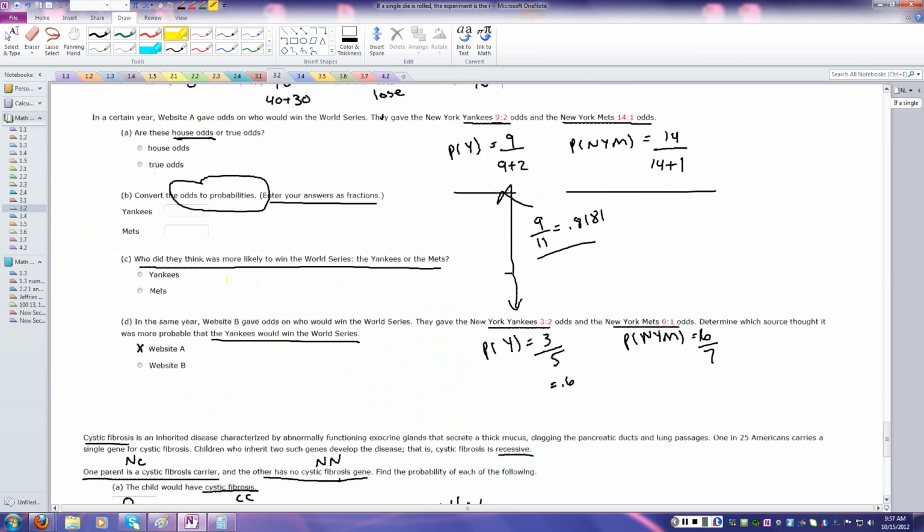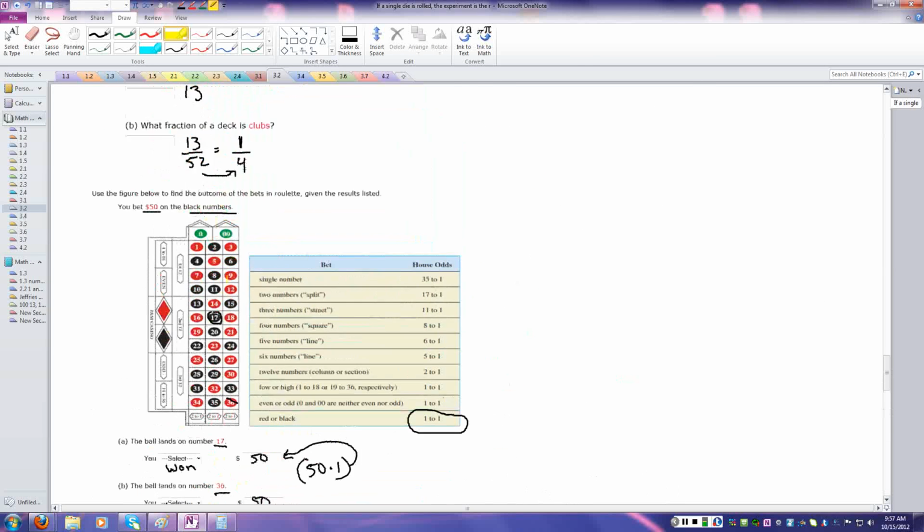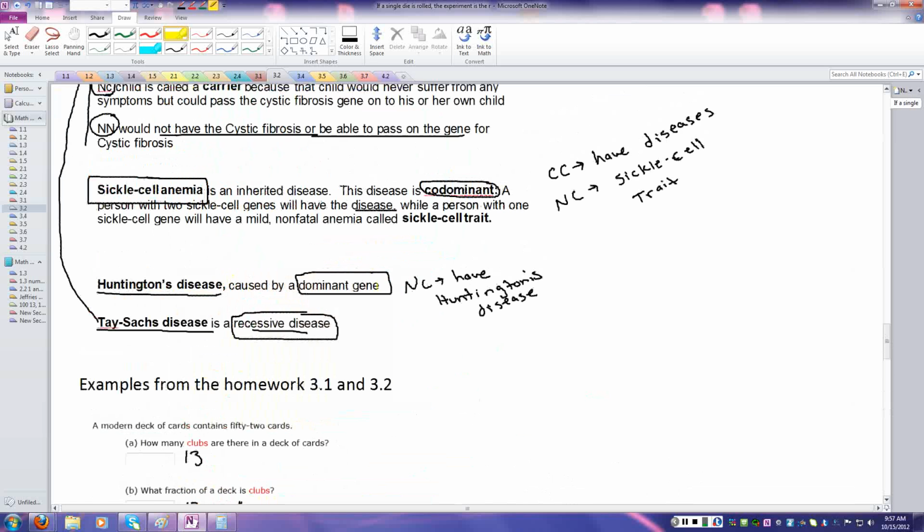Because if we look at Huntington's disease, the Huntington's gene is a dominant gene. So if I have 2 parents, let's say I have parents that carry the disease, both parents would have the disease. So if I do the Punnett square, it turns out these 3 kids have it with the dominant gene.